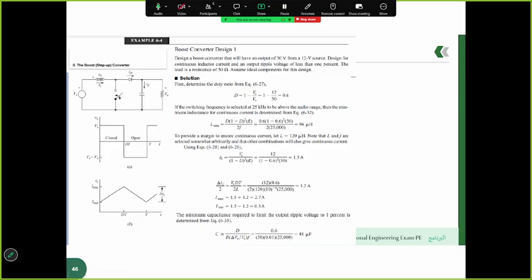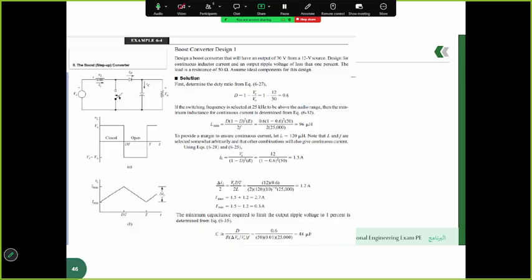Next, the inductor is designed to ensure continuous conduction mode using the selected switching frequency of 25 kilohertz. The minimum inductance required is calculated, resulting in L minimum equal to 96 microhenry. To ensure safe continuous conduction mode operation under variations, a higher standard value of 120 microhenry can be selected.